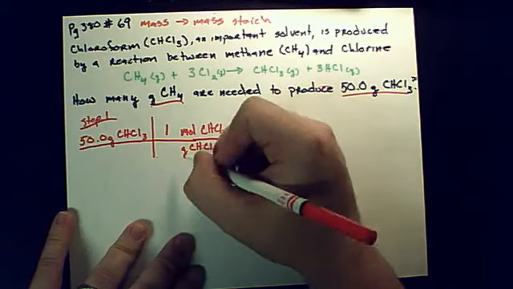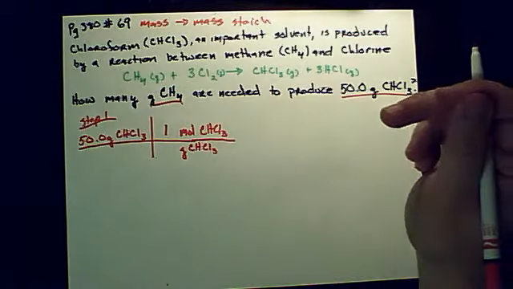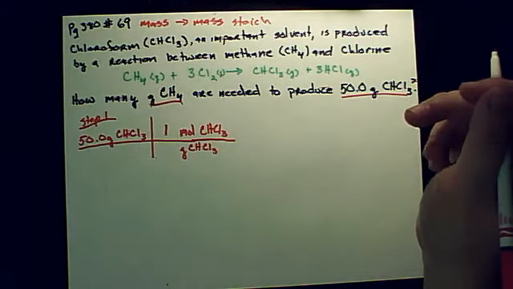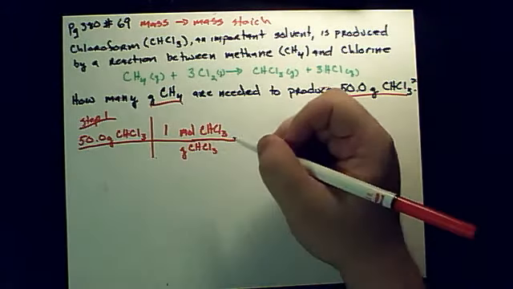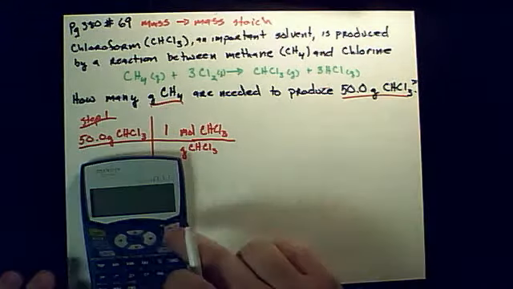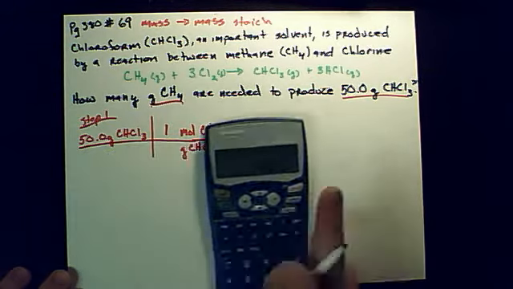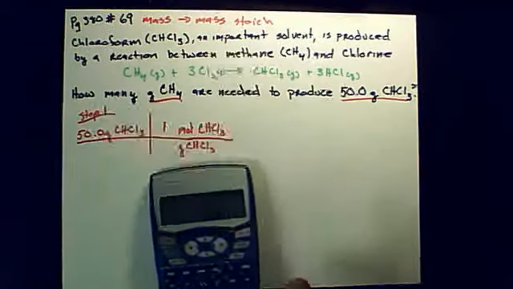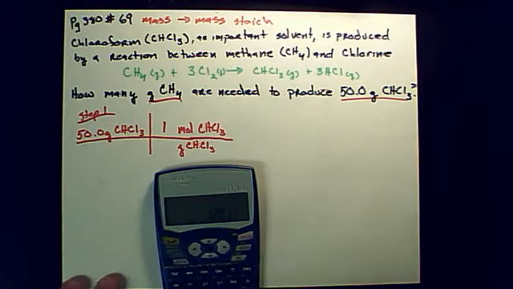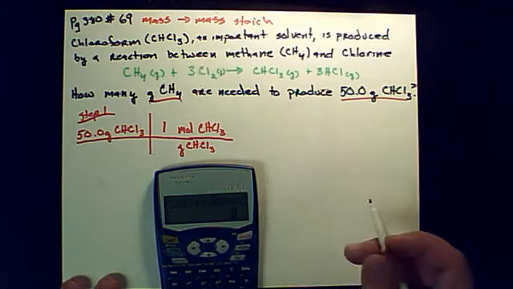And the number that goes here is the mass of CHCl3. So carbon has a mass of 12.011, and I need to add the mass of hydrogen, 1.008, and then I have to add to that the mass of chlorine 3 times.